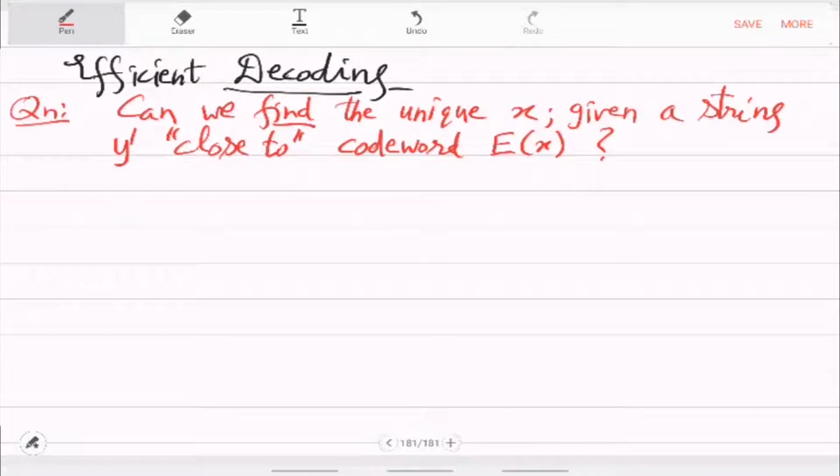So, you want to find the unique X such that E of X is the code word corresponding to X, where E is our error correcting code. When you send it over the channel, it will get corrupted to Y prime, but it will not be too corrupted; it will be close to E of X in terms of Hamming distance. So, given Y prime, can you find X? That is the question.